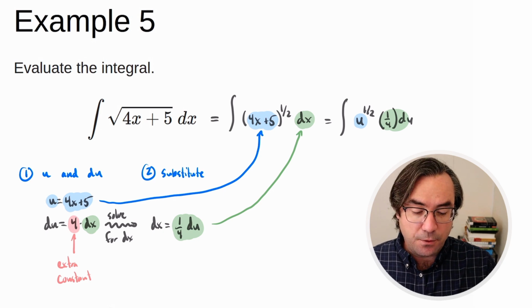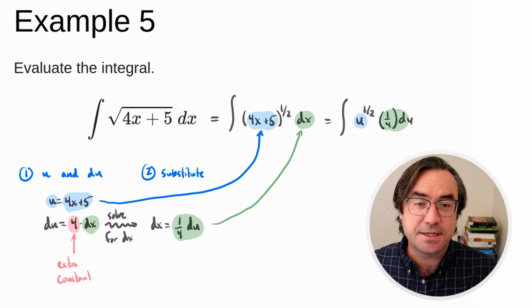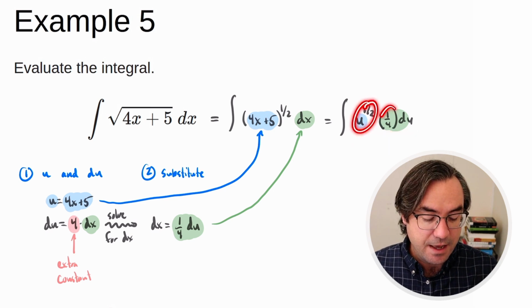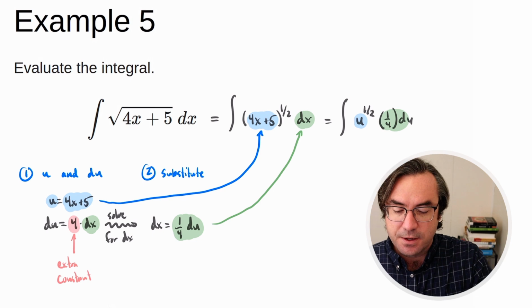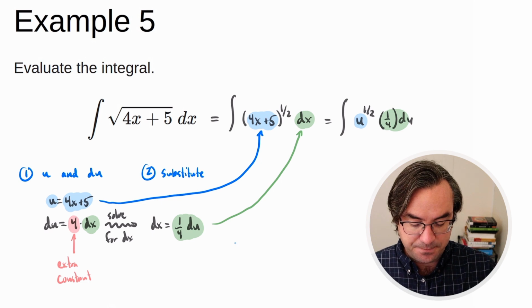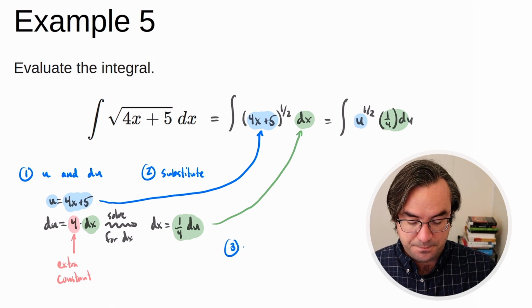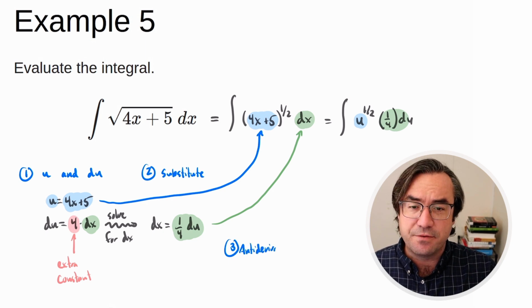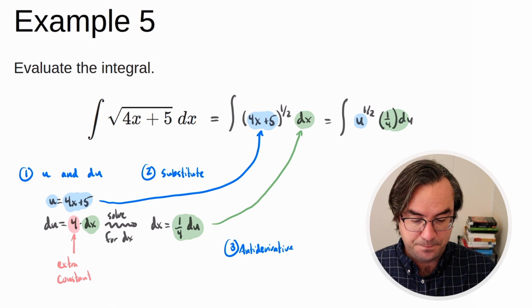All right, so now this is a basic antiderivative. We have a power function and then just a constant multiple. So now we're ready to do the integration, and that's step 3. What is this?